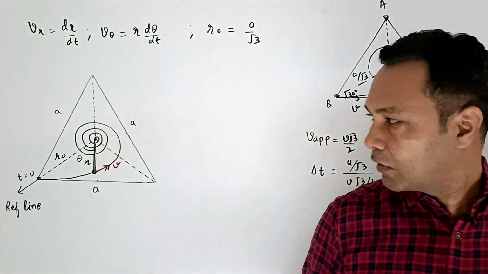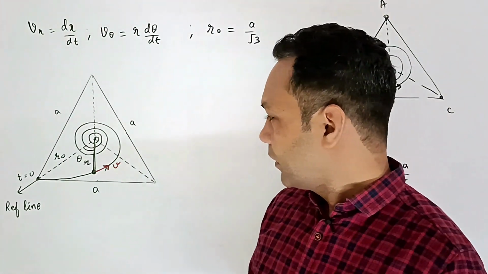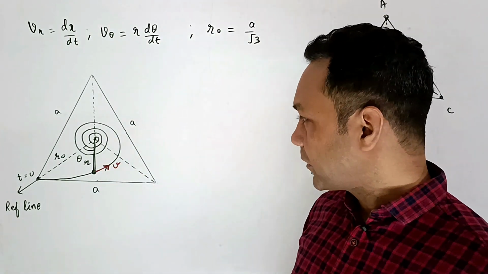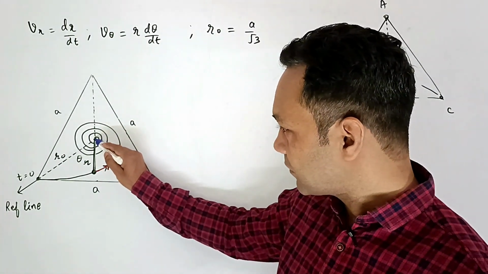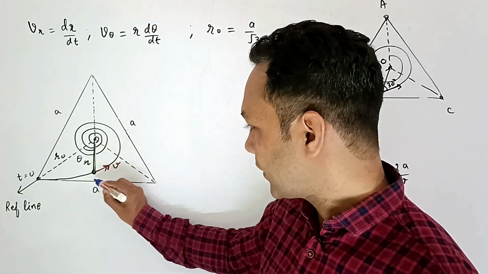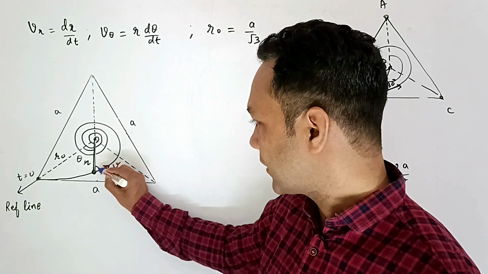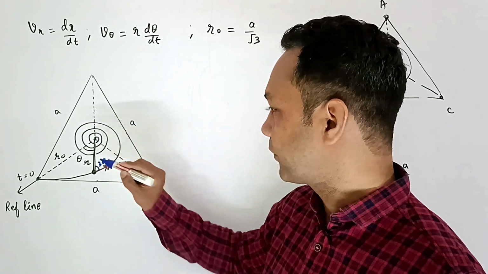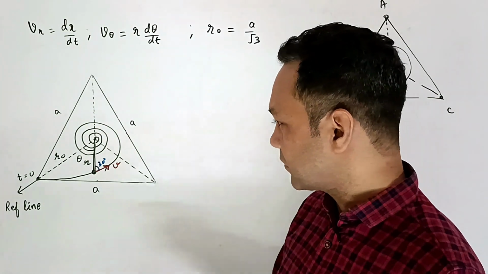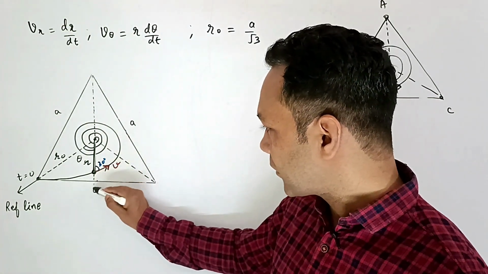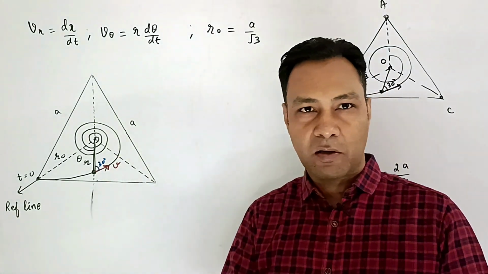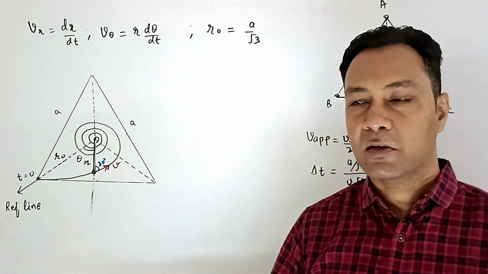So what I told you is that the velocity vector will always make an angle of 30 degrees from the line joining the center to that particle. So here, after some time, suppose it has come here, this angle is still 30 degrees. Now, making components of V, this is my radial direction. Just the way I explained, the radial direction is the direction from the center to the particle, radially away.